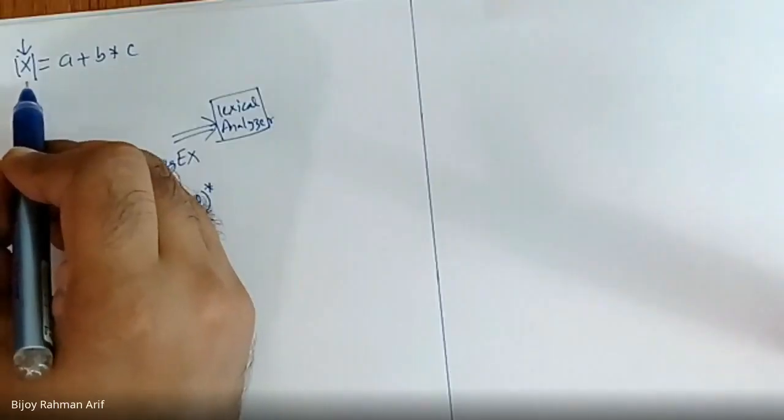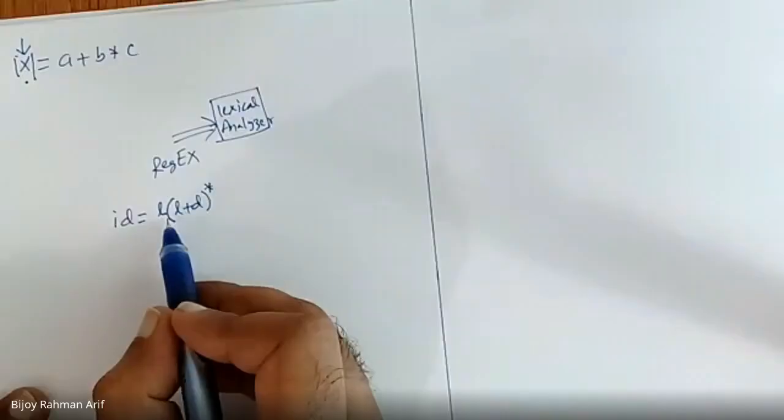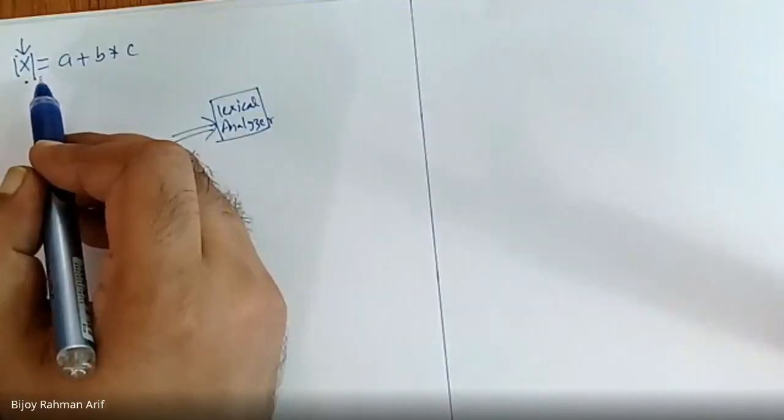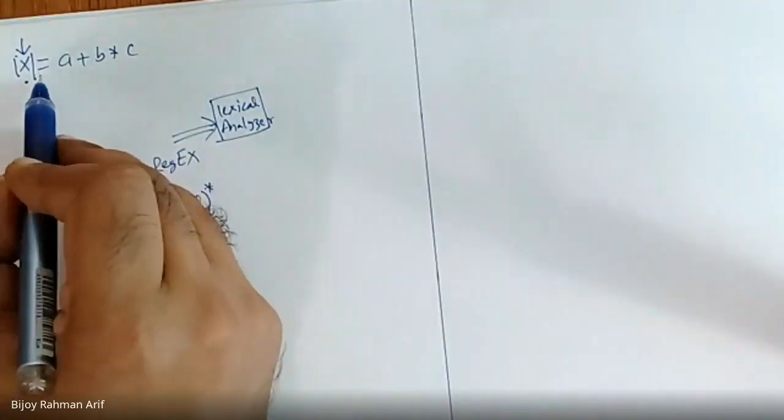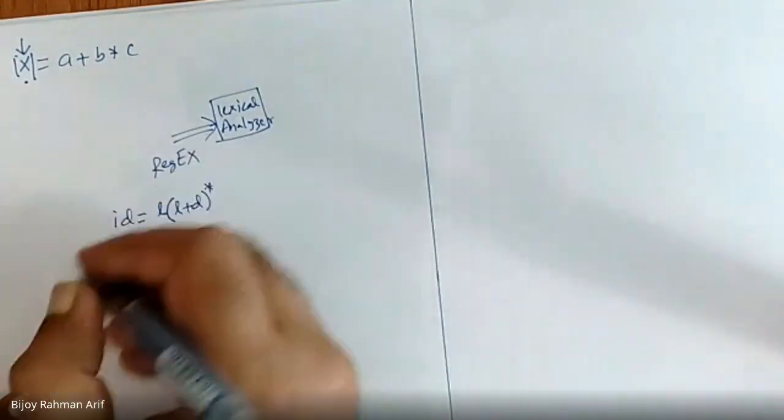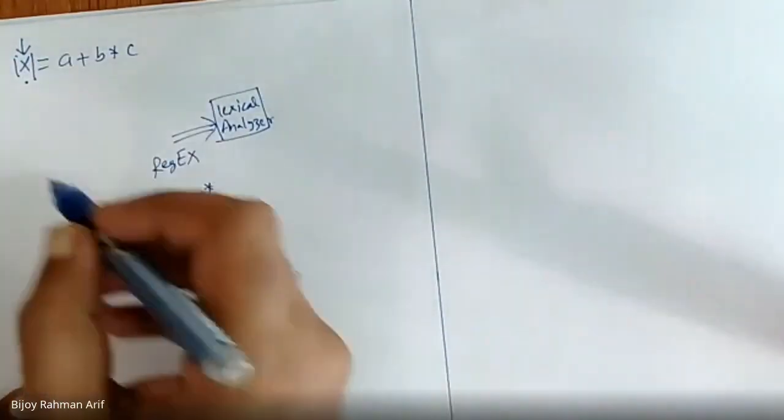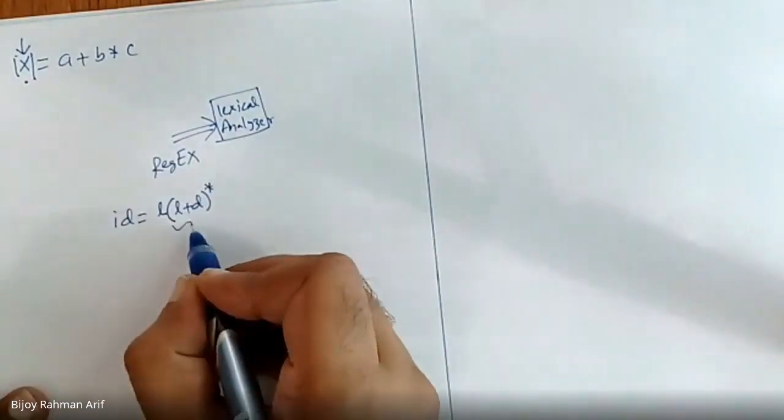What does it get? A letter. Then what does it get? A white space. Then the equal operator. So I match the first letter. Then what else do I get? Equal. Equal is not there, right?